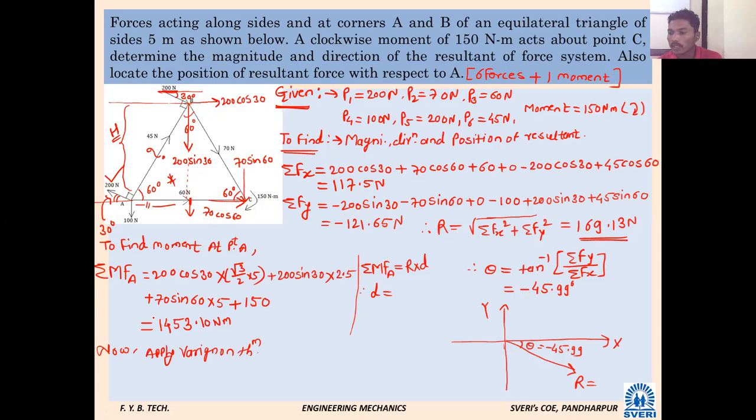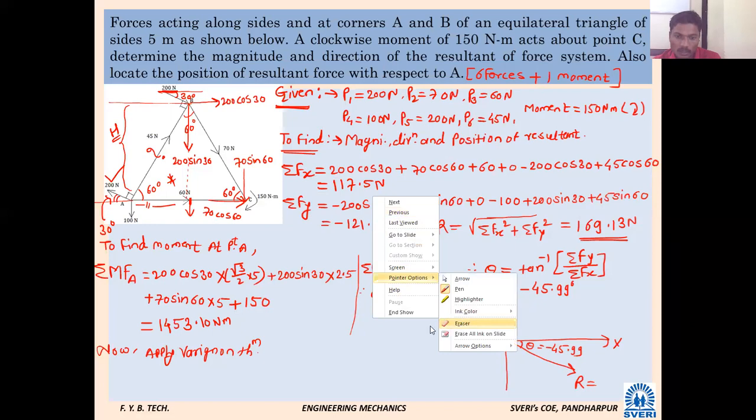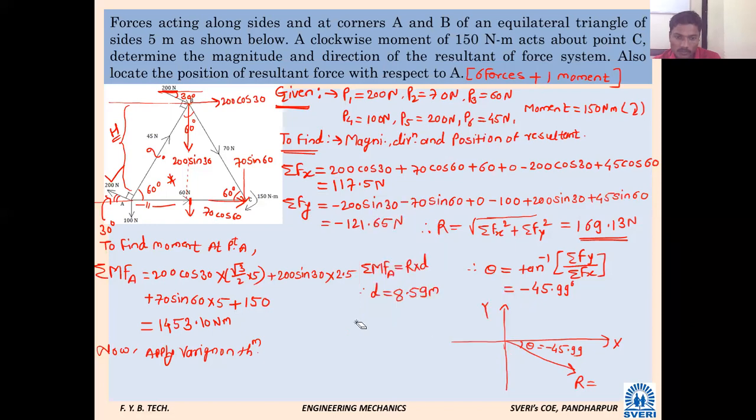According to me, it is 8.59 meter. X bar, calculate X bar.